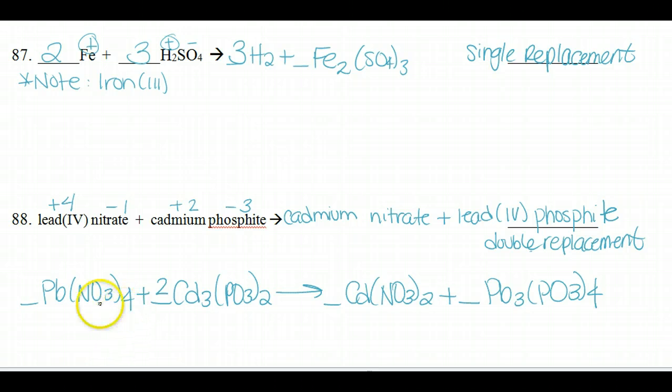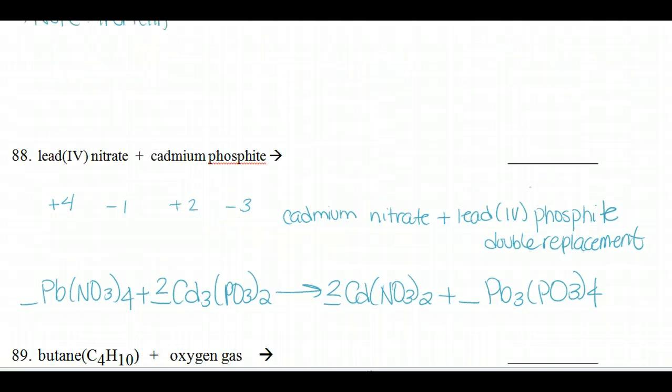Looking at my nitrates, I've got 4 over here, and I've got 2 on this side, so I'm tempted to want to put a 2 there. But in doing that, now I look and my cadmiums are no longer balanced. If I had 6 here, but only 2 on this side, that 2 is not going to work.